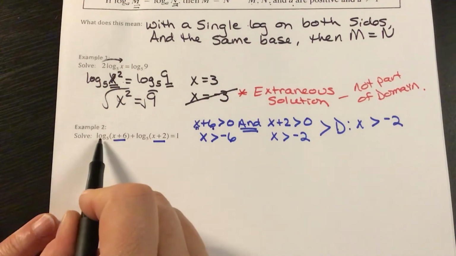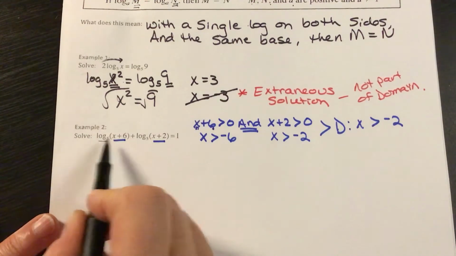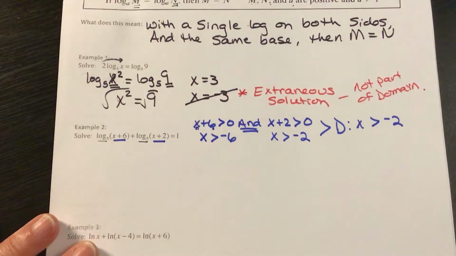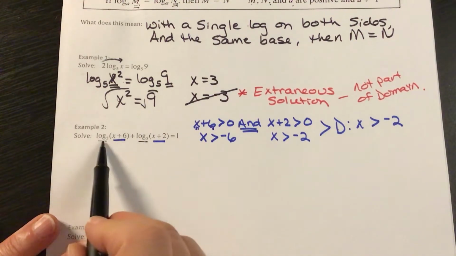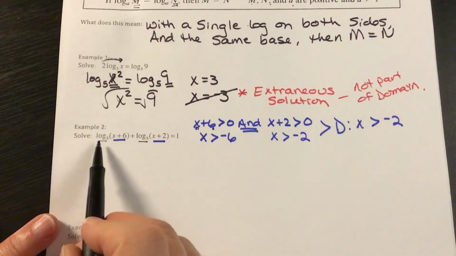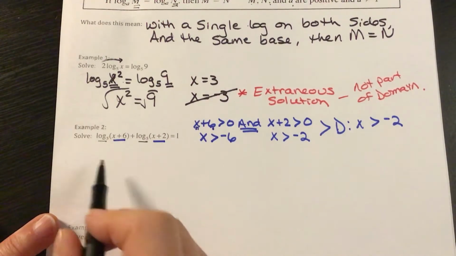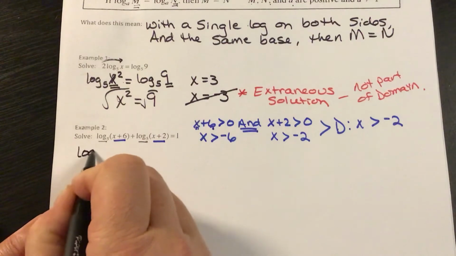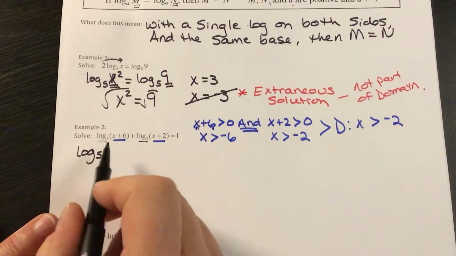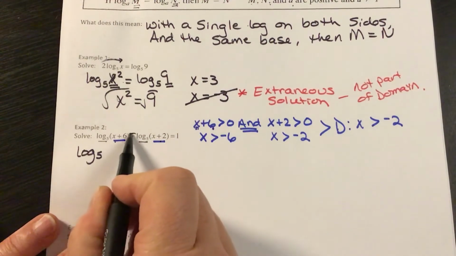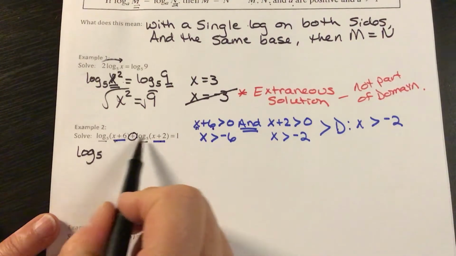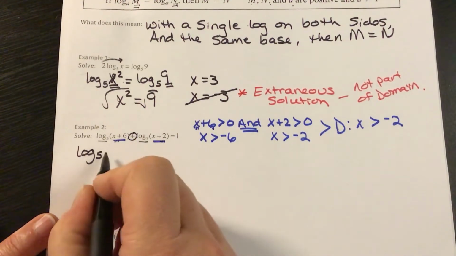But here I have log base 5 in both of these, and because I'm adding these two logs together, I can use my property to write a single log base 5, and I'm going to multiply, because of the addition sign here, these two parts together.